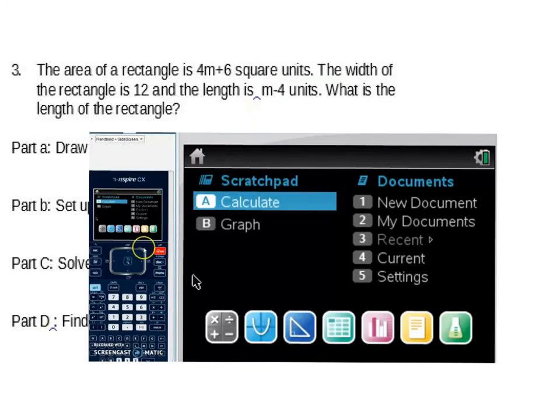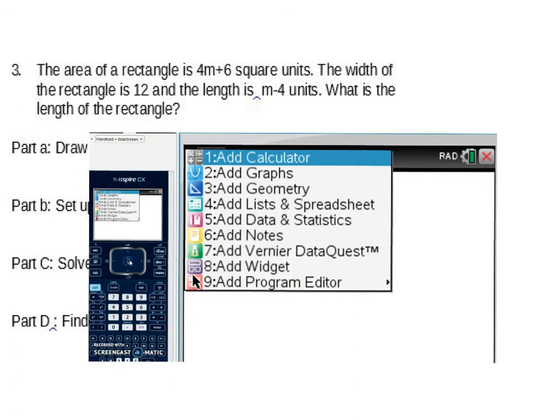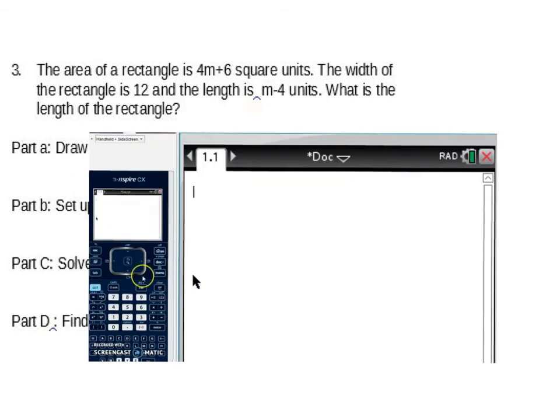So with nSolve here, I'm going to go to New Document, and I'm not going to save our previous one. Got a calculator, and then I'm going to click Menu 3, 1, and we're going to type in our equation.